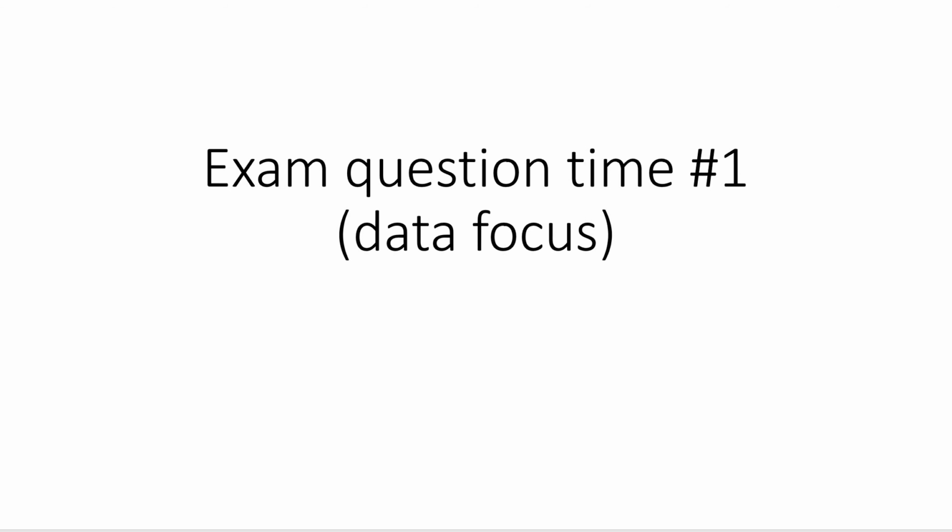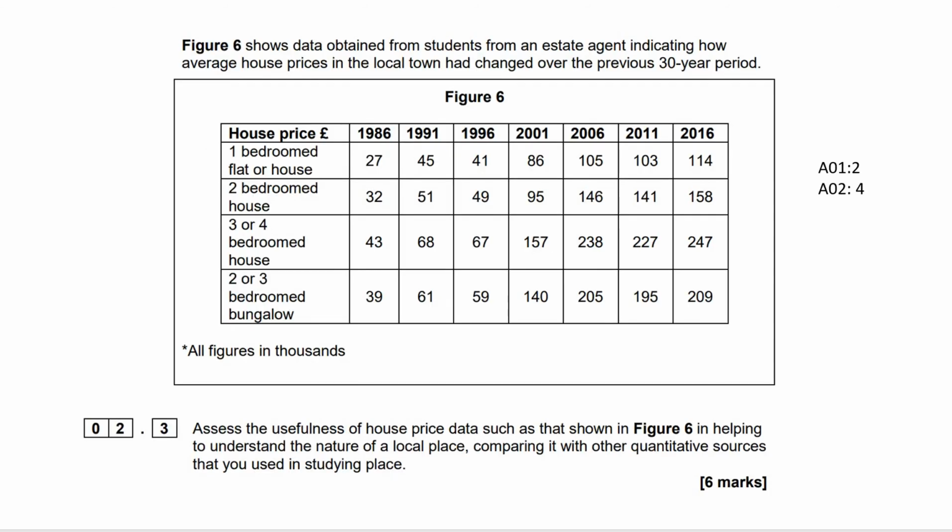Now we need to learn from our mistakes or misconceptions from earlier feedback. So first of all, you've got some quantitative data here. Figure 6 shows data from estate agents looking at how a local town's house prices have changed temporally over a 30-year period. Now, this is a 6 marker, but it's AO1, so knowledge for 2 marks, and application for 4 marks.